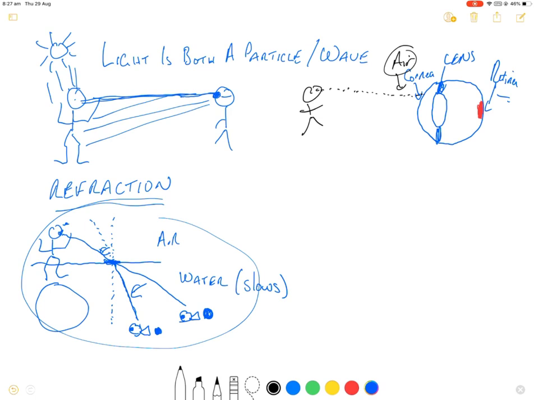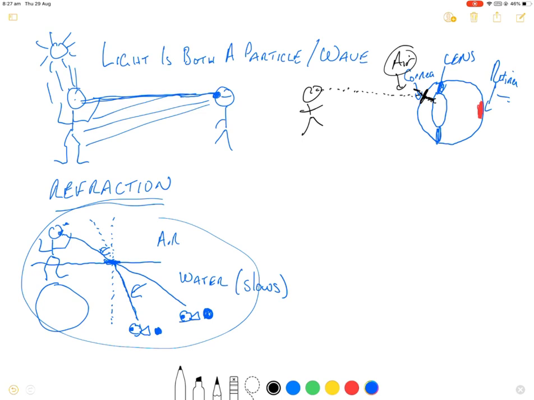So therefore, the interface between the two is going to cause refraction. And because within the cornea the light ray is slowed, it bends the light ray closer to the normal.